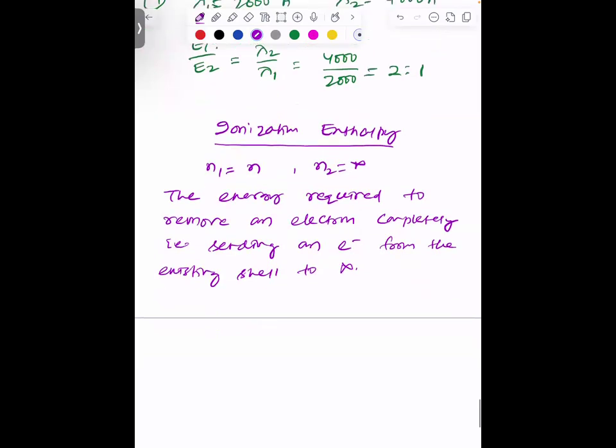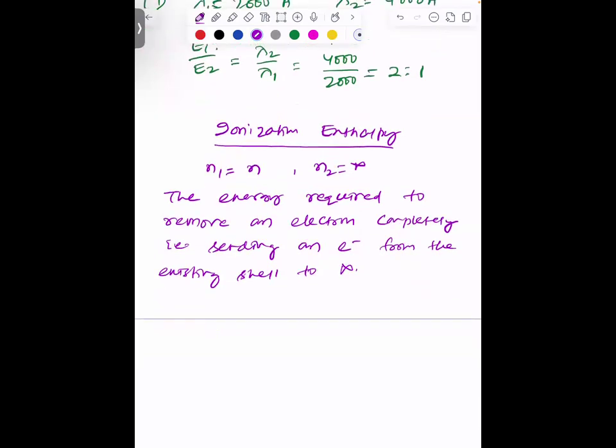Okay, to infinity. So this is what the ionization energy means here. Now you have to solve the question. First note down, then I'll ask you to solve the question.